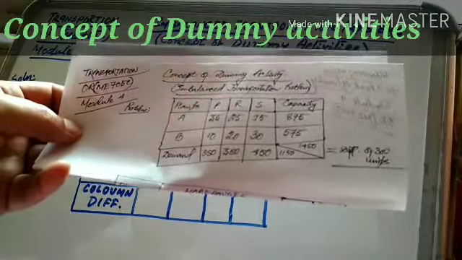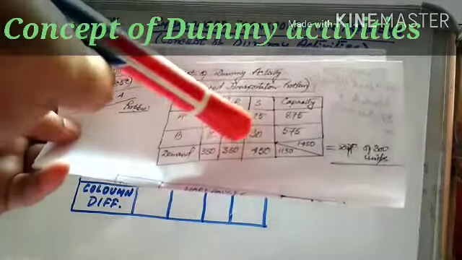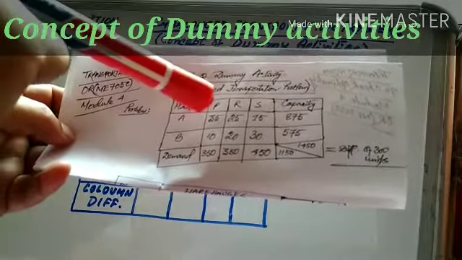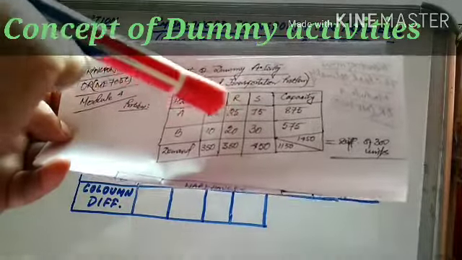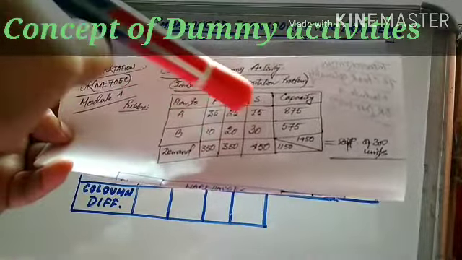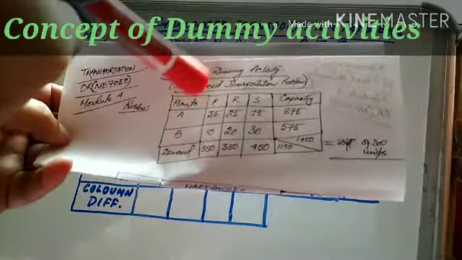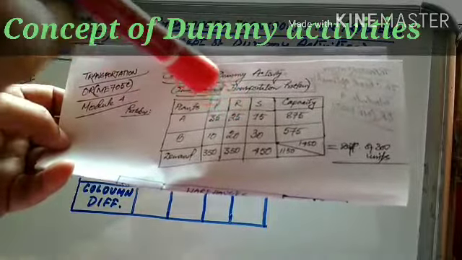So this is the concept of dummy activity. After introducing that dummy row and column, we have to solve this problem using any method. You can apply transport VAM or least cost or northwest corner method, whatever you want to apply.